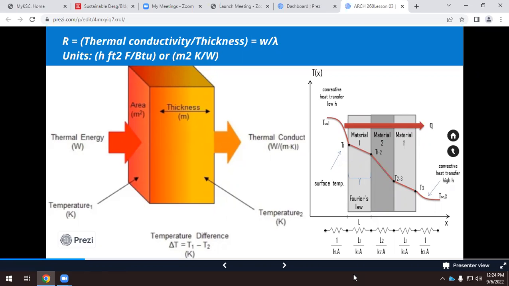So it depends on the thickness. Usually, the thicker the wall, the more the thermal resistance. It makes sense. But it depends also on the thermal conductivity. So what's the challenge?